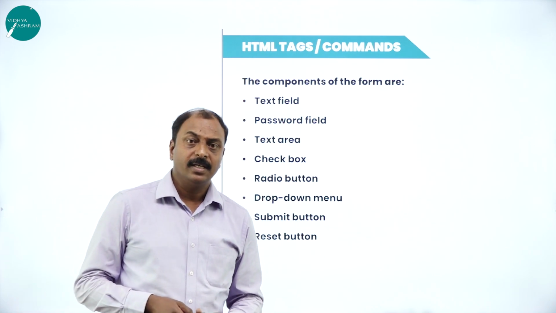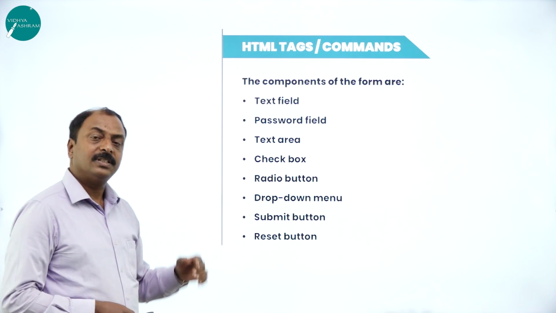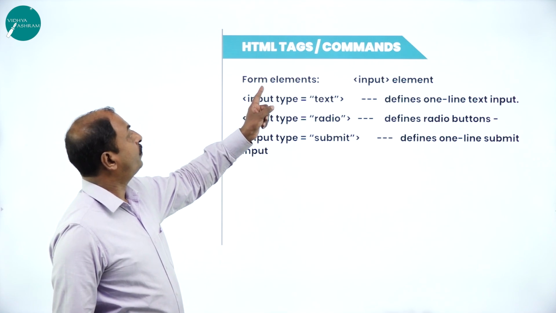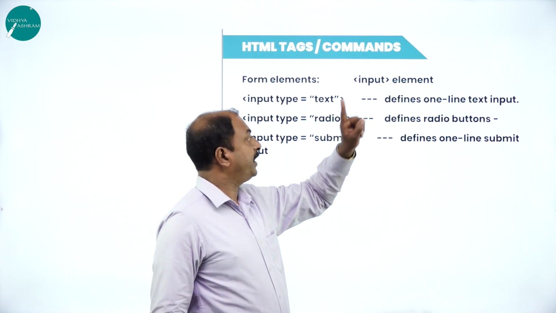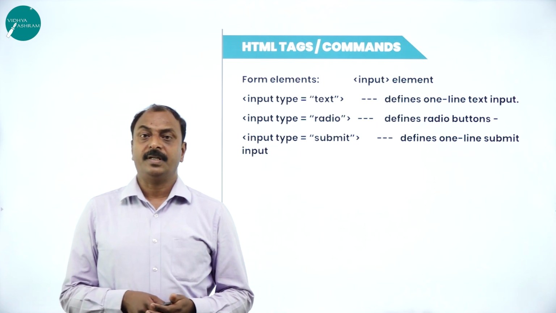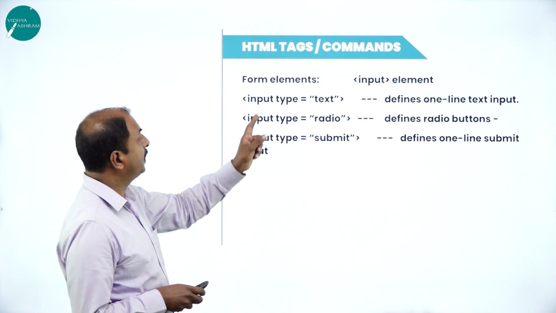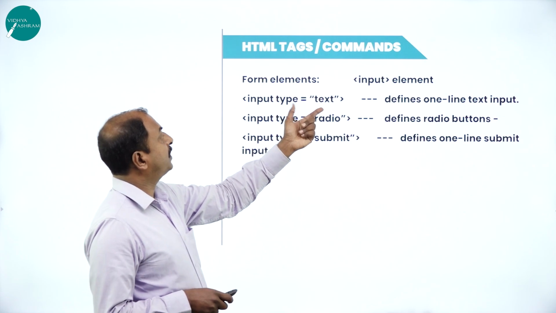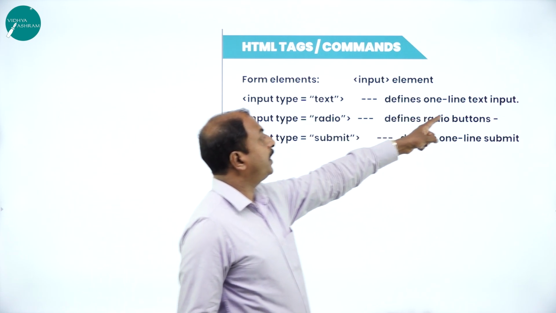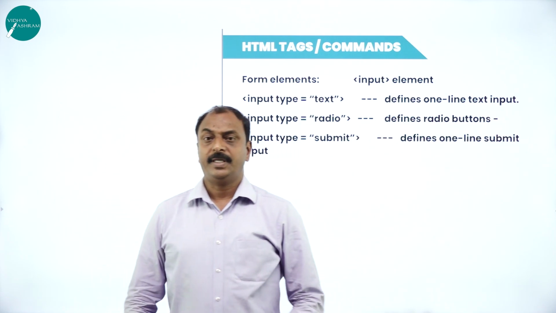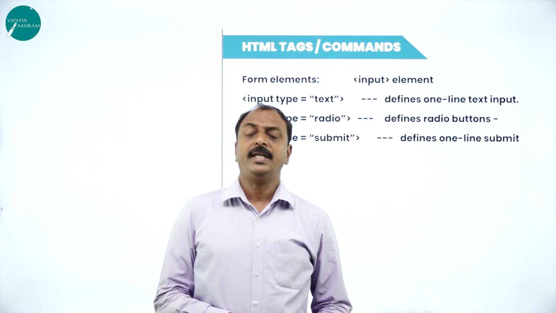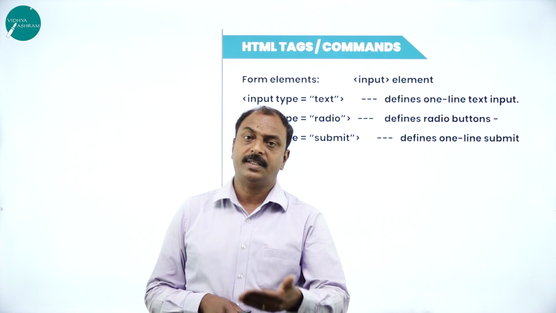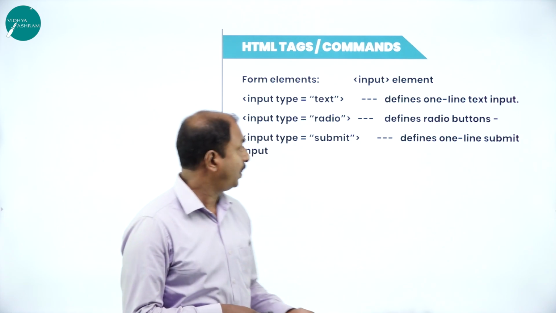Now let us see the definition and syntax of a few of the form elements. Here, one form element is the input element. What is the input element? Look at the example: input type equal to text. It defines a one line text input, where we normally enter your name, address, father name and so on.